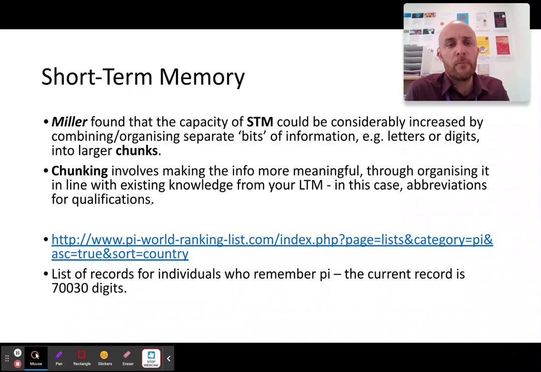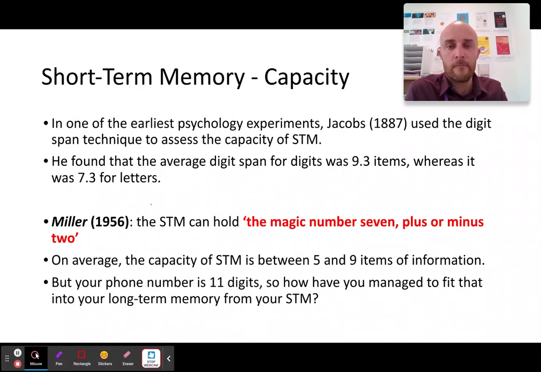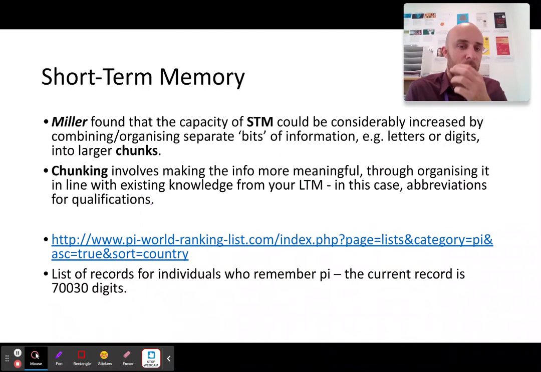Chunking is quite important, though. I would go more over this in class, but chunking is a practical application of everything we've looked at so far. It's basically the idea that if you can remember 9 digits, what happens if you paired up some of those digits?